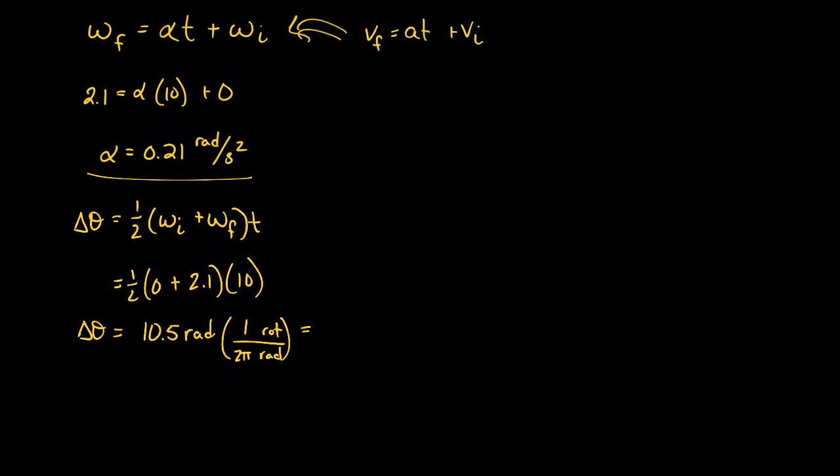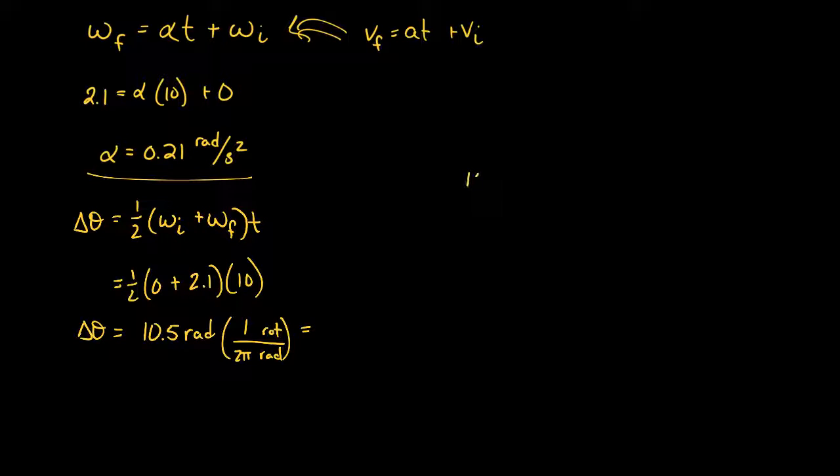All right, use your calculator real quick. And don't let anybody see your answer. Just do 10.5 divided by 2 pi. Again, don't let anybody see your answer. Because some of you have like 15 or 16 as your answer. And this is why I'm telling you to think about what the answer should be before you grab your calculator.